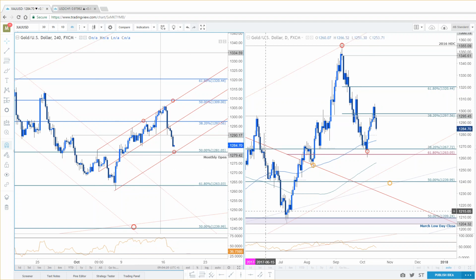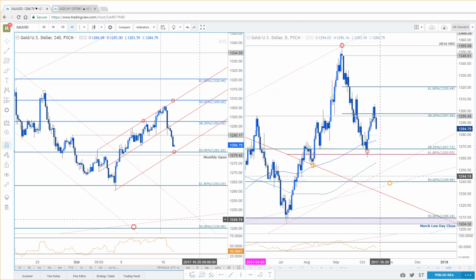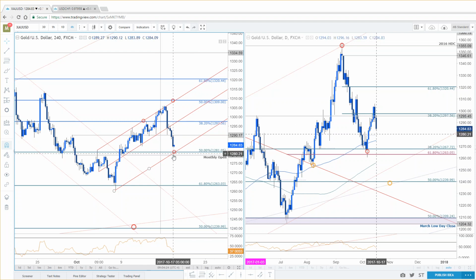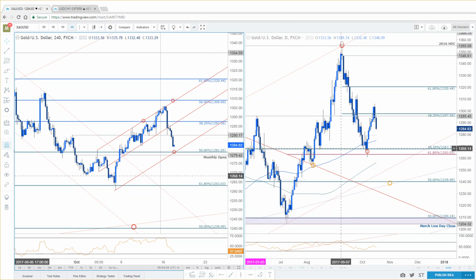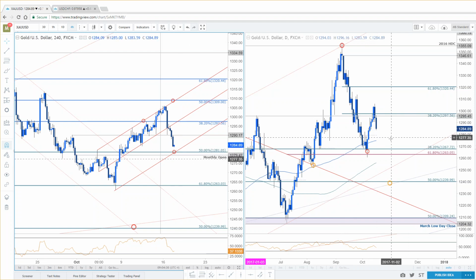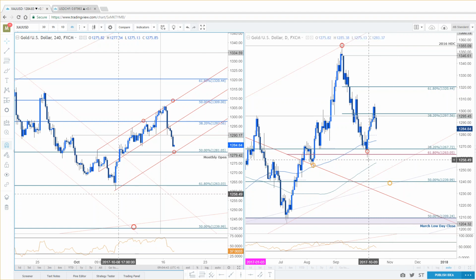That's the initial area you'd start to look for some support in the dollar index. This is going to be my near-term bullish invalidation. If we do get a break below it, I'm kind of neutral. Do keep in mind, the monthly open is backed closely by the 100-day moving average, and that's why I don't want to get too antsy if we break lower. You only have a little bit of room here to 1274, which would be the initial area of support. Also, just above that, the outside.